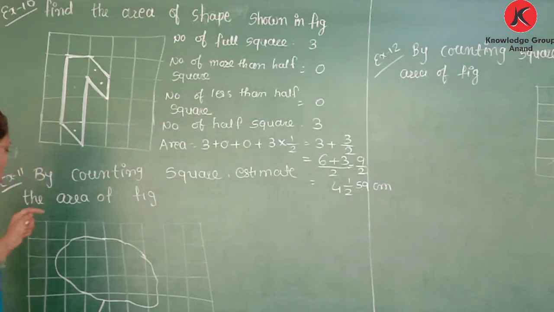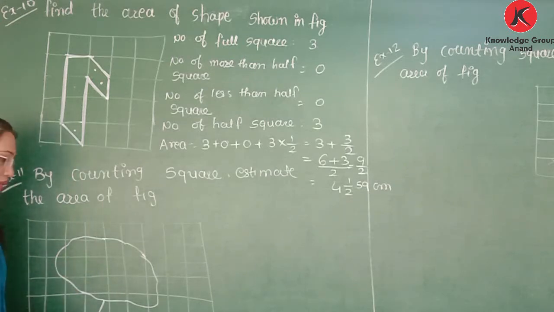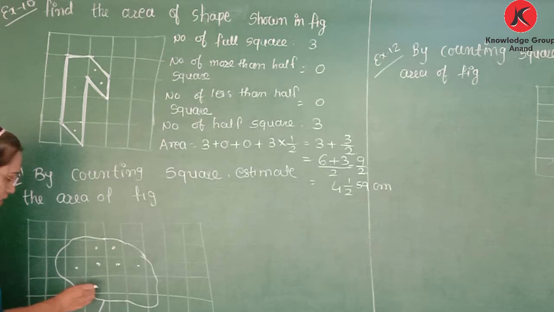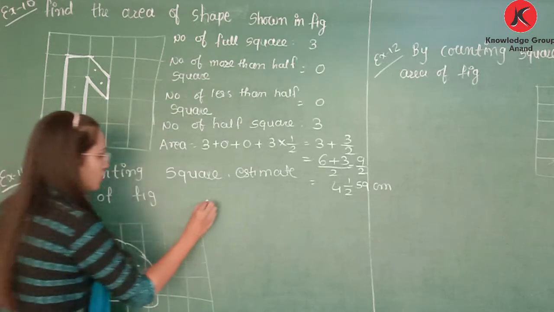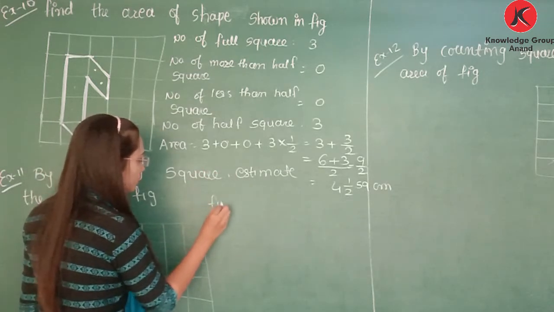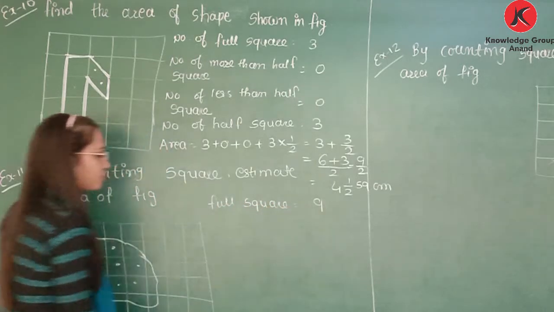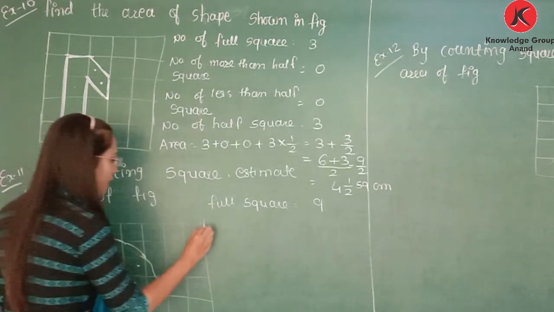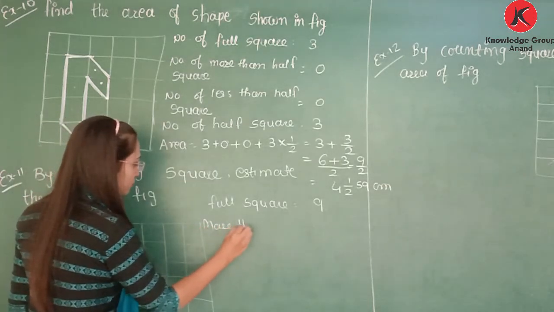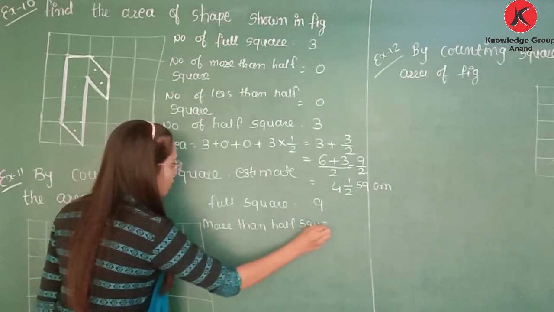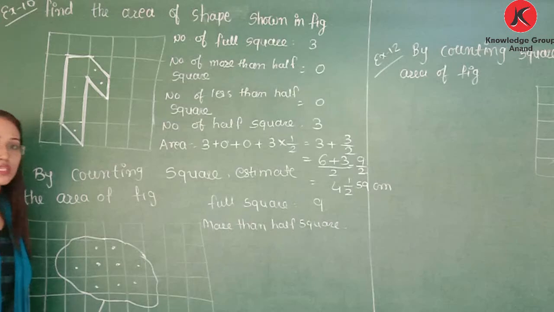Now next figure. So here this figure is given. So first of all find the number of full square. So here 1, 2, 3, 4, 5, 6, 7, 8 and 9. So full square is 9. Now more than half square. Now we learned that more than half square is considered as a full square.